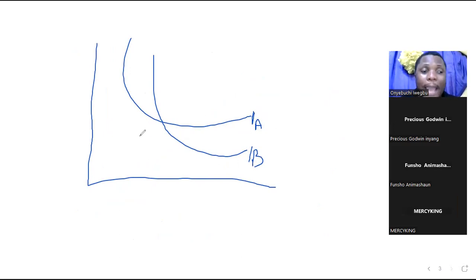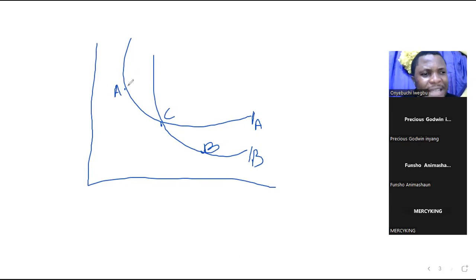So if I say point A, for example, here, and I say point B, and I have point C, you might see this in an exam, and I draw this graph, and I'll say, given this indifference curve, comment on the nature of this indifference curve. You should be able to explain to me using the properties of indifference curve.